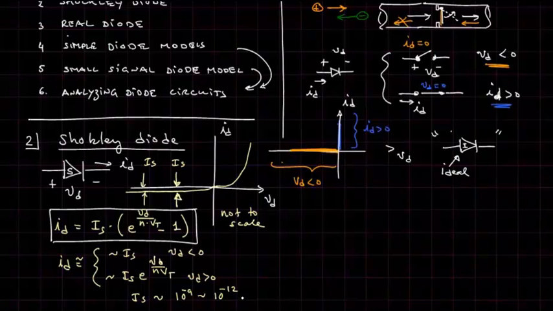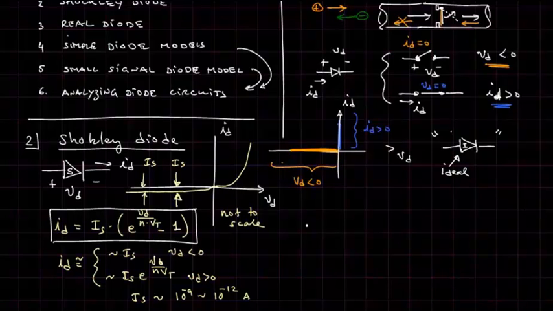So it's very small. In the applications we'd look at in a class like this, the currents we're interested in when the diode is conducting are on the order of milliamps, tens of milliamps, maybe 1 milliamp, maybe 100 milliamps. So to offset 10 to the -9, the exponential has to be at least 10 to the 6th in order to produce a milliamp.